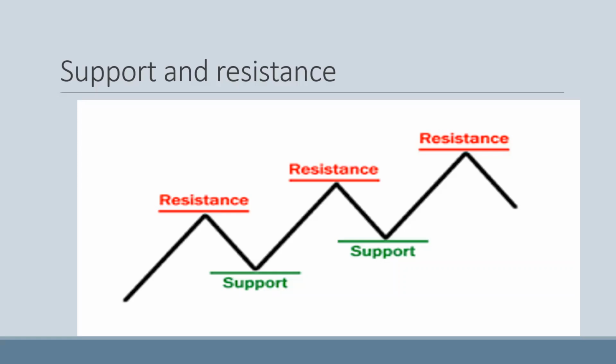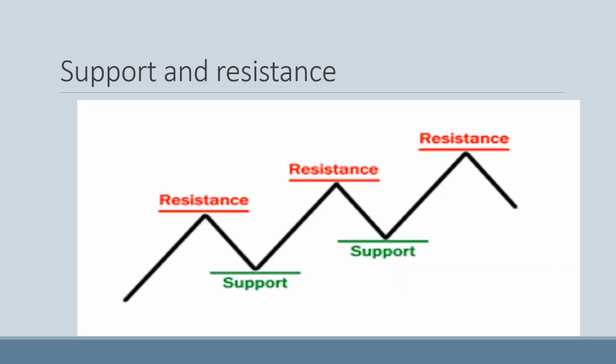So that when you come back home, you can now sell your peanuts for 150 naira. That's the same thing. So support are the floors of the market. They are the low points of the market, when the prices are low, that people are excited to buy because they know that this thing is going to jump up. While resistance are the ceilings of the market, where the prices are high and sellers are excited to sell because the price is high and they are going to make a lot of profits.